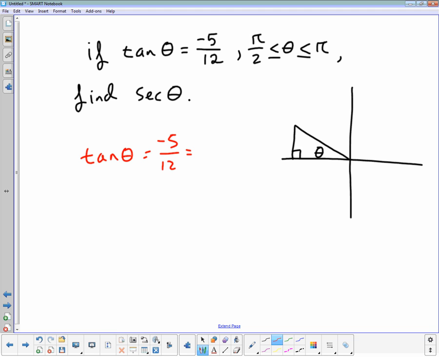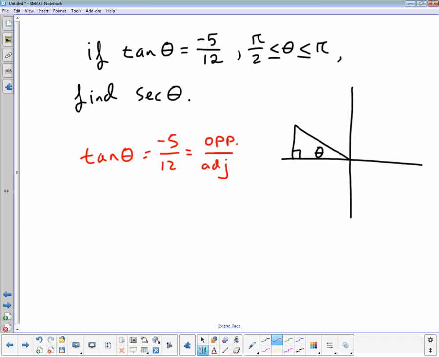If the tangent is equal to the opposite over the adjacent, well, if my opposite is -5, wouldn't I be going down? According to this, it almost looks like I should be living in what quadrant? Yeah, it doesn't quite fly.